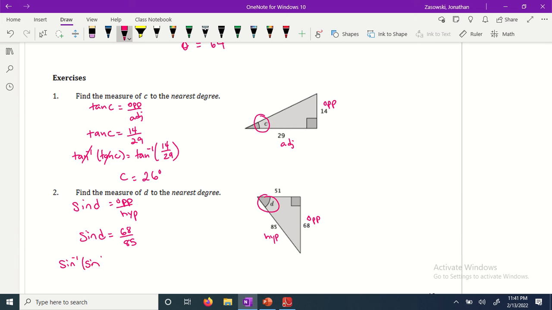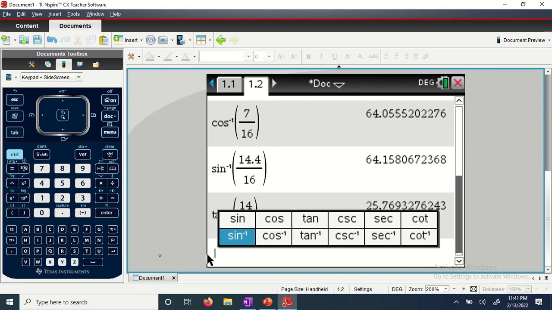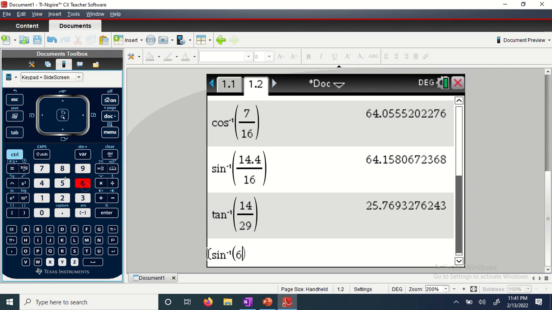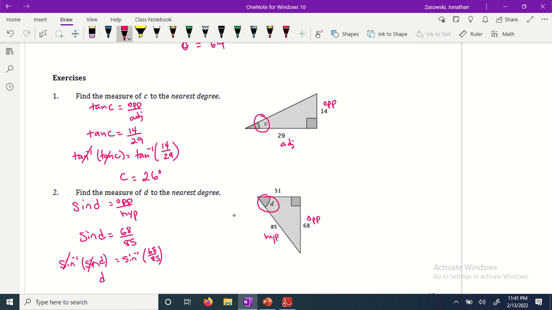So the sine inverse of the sine of angle D is just going to leave us with D. And we're going to take the sine inverse of 68 over 85 to figure out our final answer. So trig, sine inverse, 68 over 85, enter, and we're going to get 53 degrees here.